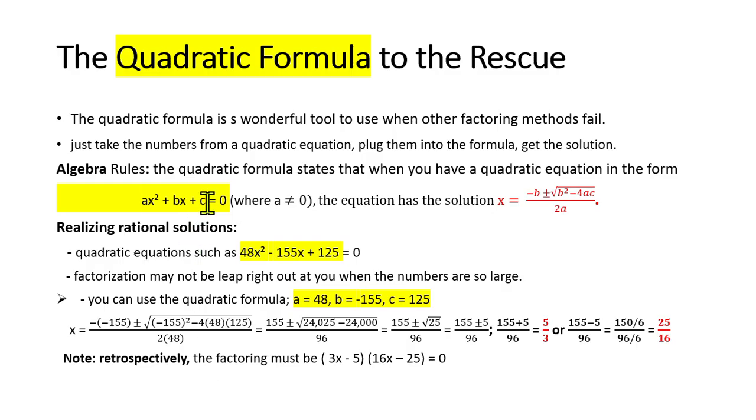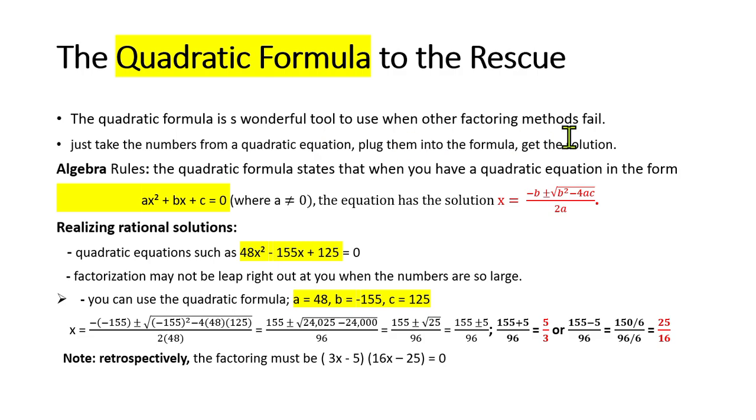But if you cannot use a square root, and also you cannot factor it, then don't worry, you can use the quadratic formula. The quadratic formula is a wonderful tool to use when other factoring methods fail.